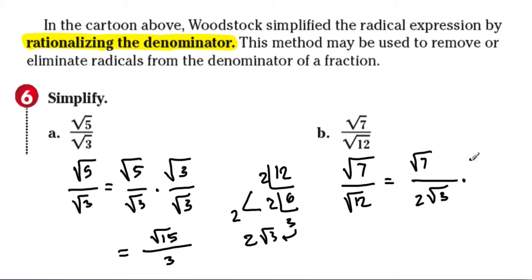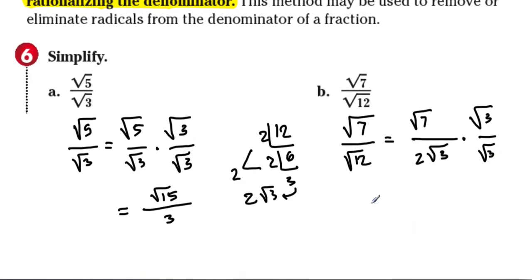Again, we multiply it by 1, which is radical 3 all over radical 3. Okay? So from there, we now have radical 7 times radical 3 all over 2 times radical 3 times radical 3 is 3. So this is radical 21 all over 6.